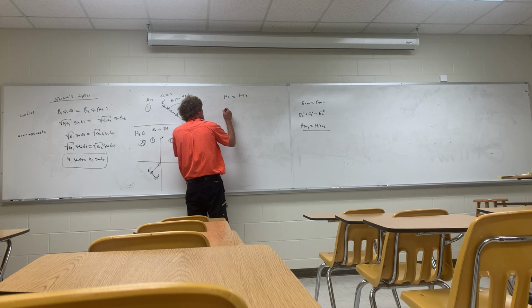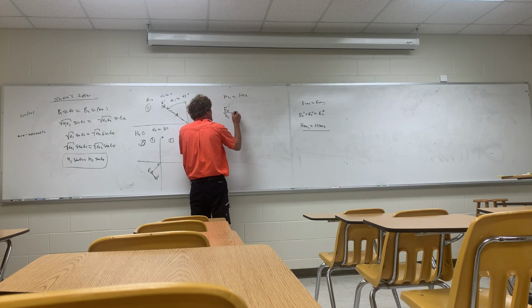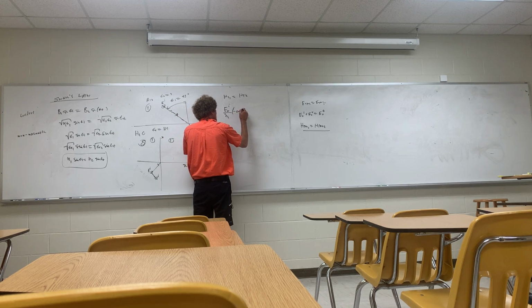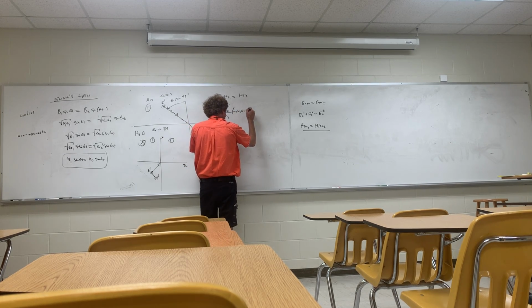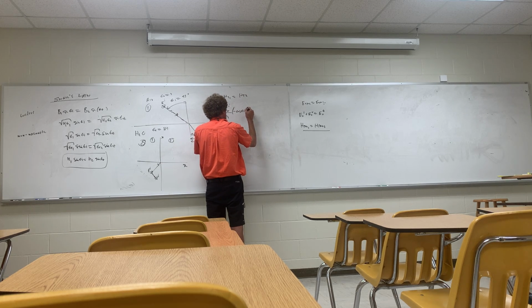Now I'm going to get E naught incident over eta 1, and it's going to be minus cosine of theta incident here. It's going to have the exponential terms and all that, but that doesn't matter. This is the x component, a_x.